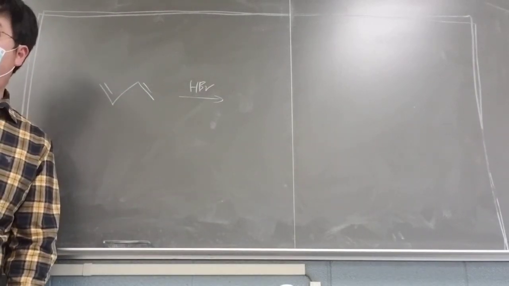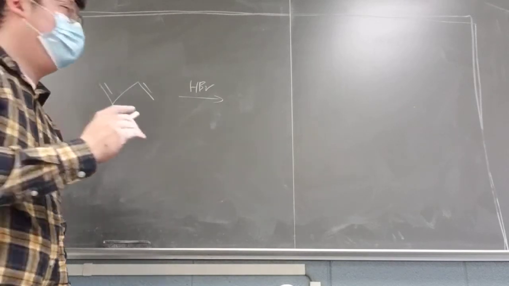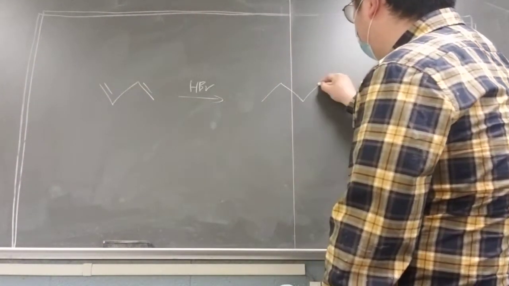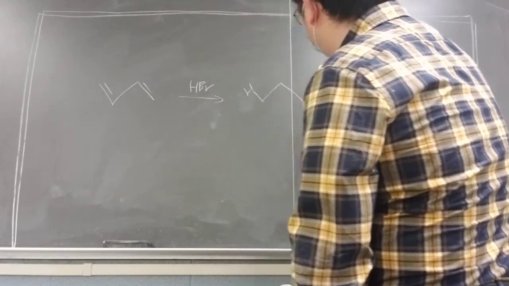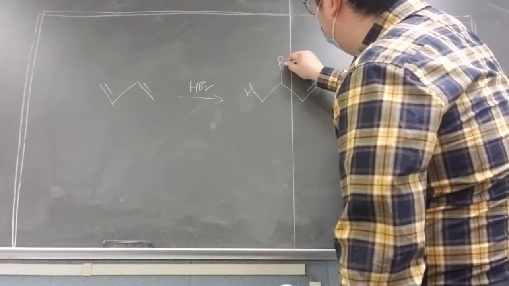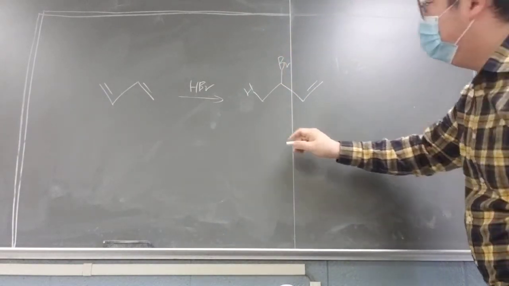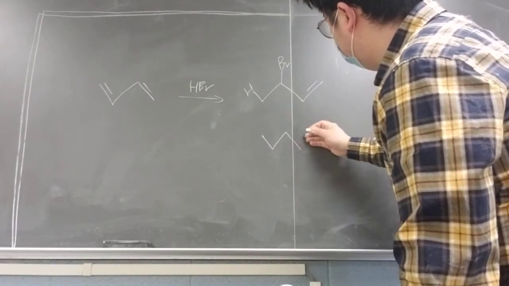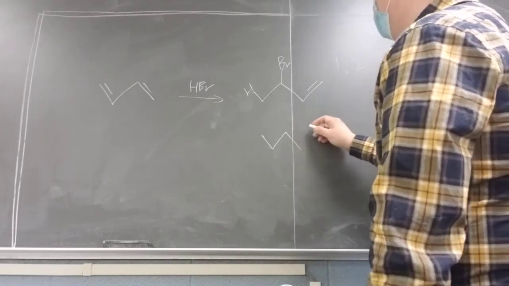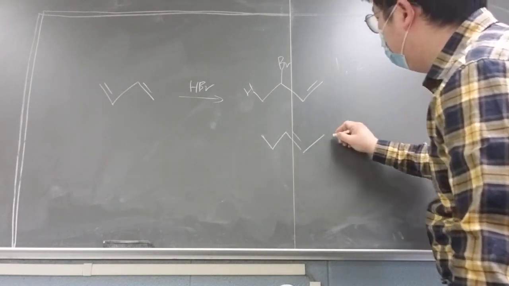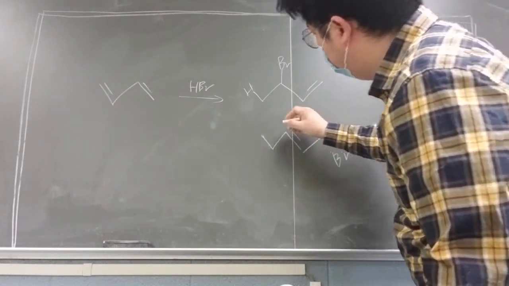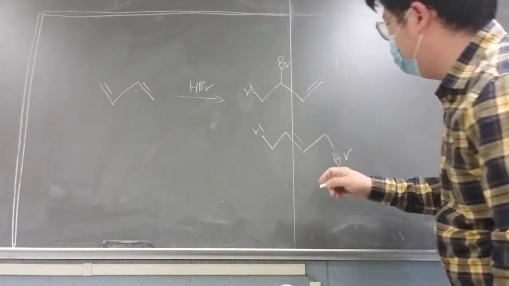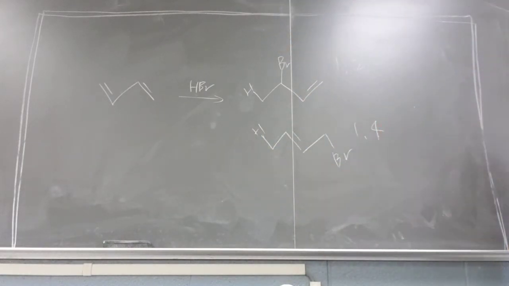So, do you guys remember 1,2 and 1,4 addition, right? So, not just one, but there will be 2 products. So, the first one looks like this. 1,2. Okay. There's another one. And another one looks like this. It's 1,4.